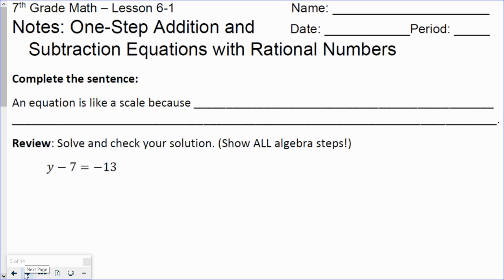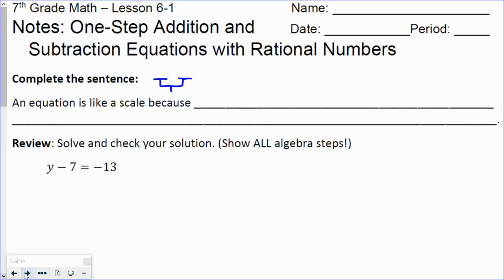Our first one, we want to complete this sentence. We always talk about algebra and equations being like a scale. Remember the balance scales that you see in science class.